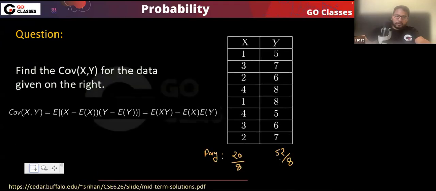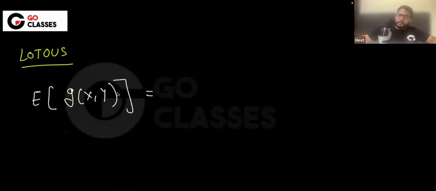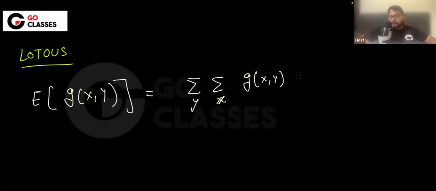So what is the Lotus rule? Even for the joint it works. So the expectation of any random variable which is a function of x and y will be, if it is discrete, the sum over all the possible values of x, all the possible values of y, g(x,y), into the joint probability.